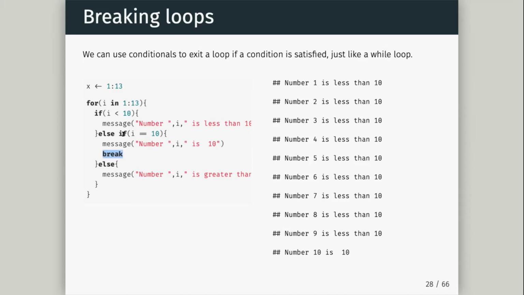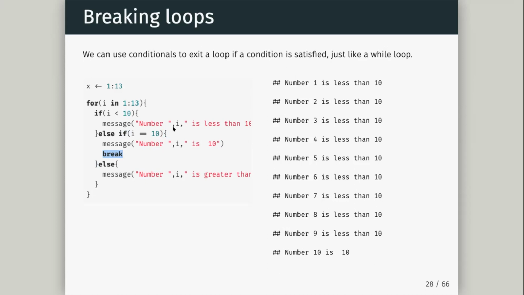But actually, because you have conditionals here, it's a little bit more powerful. So in this case, in the if i equals 10, as the last thing within this evaluation part, within these curly brackets, I put break. And what break does is tell it to exit from the current loop that it's in.